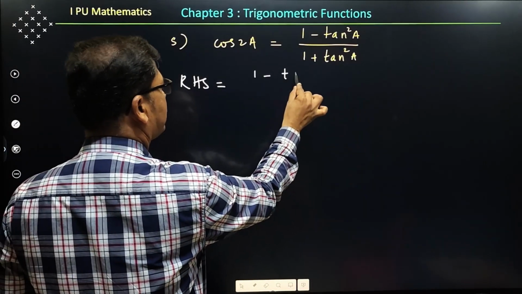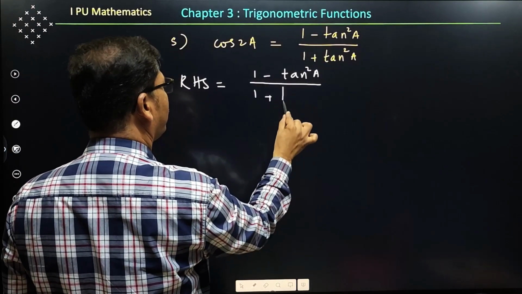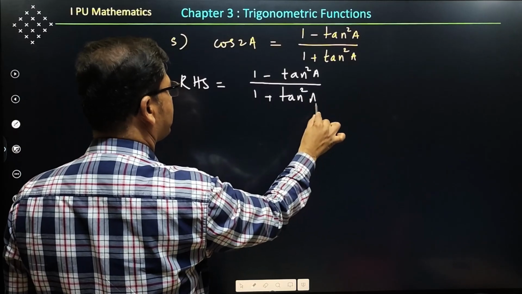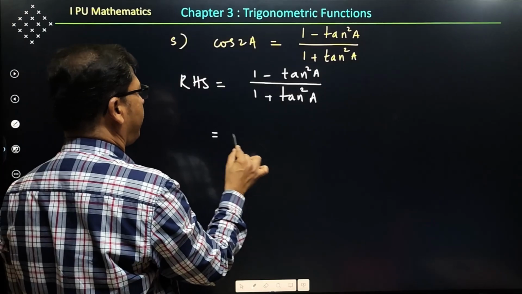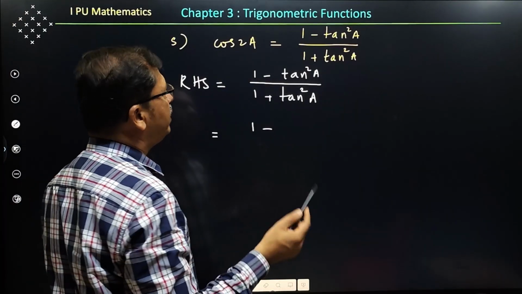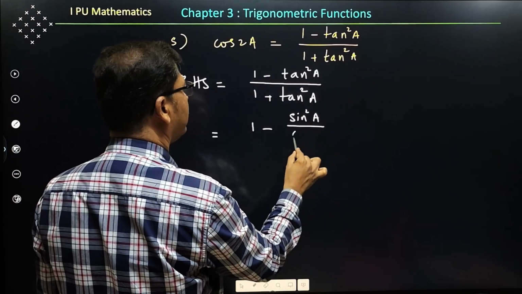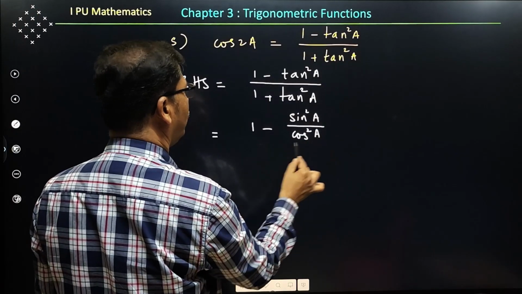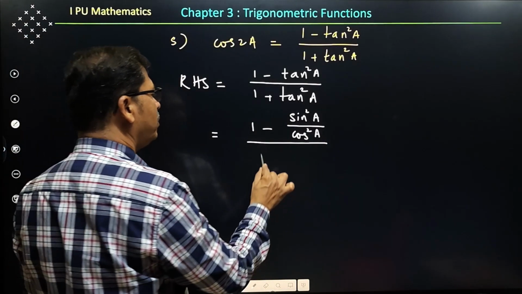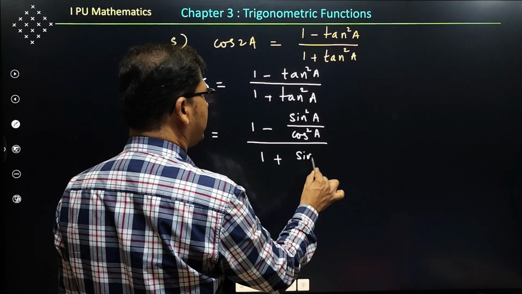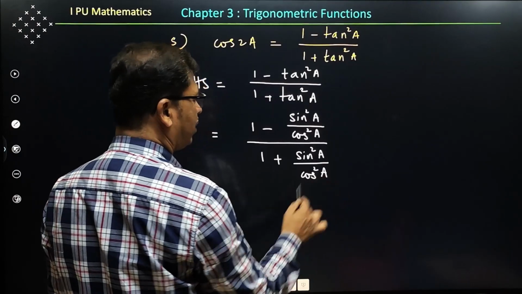This is equal to 1 minus tan square a, which is sin square a divided by cos square a, whole divided by 1 plus sin square a divided by cos square a.